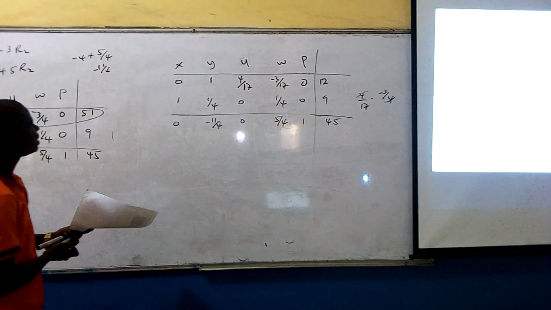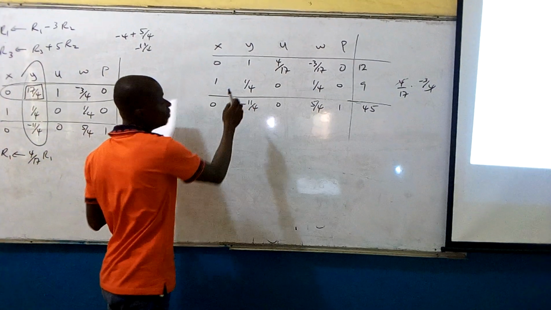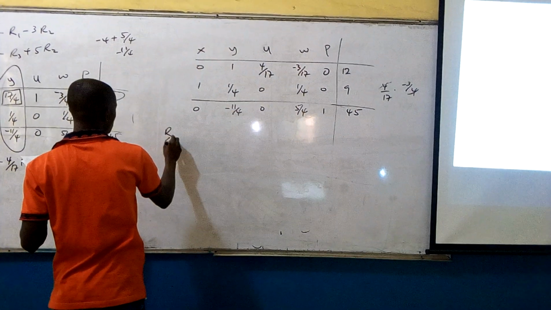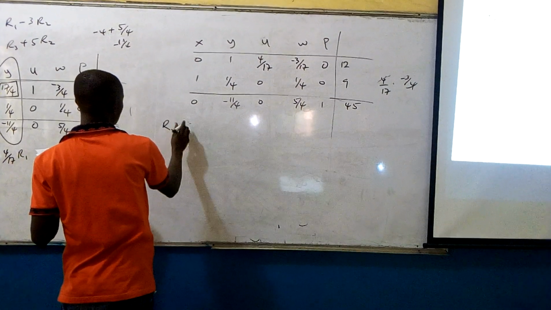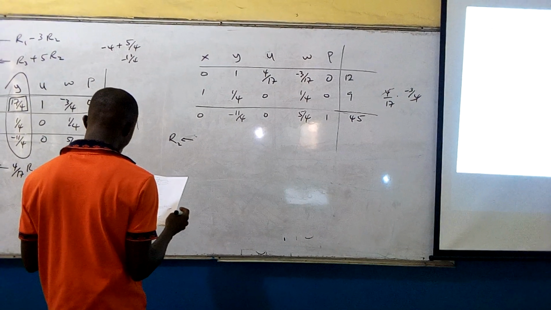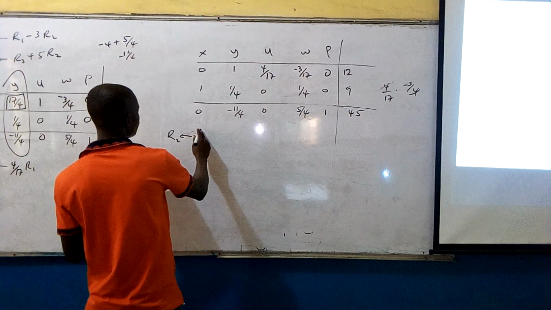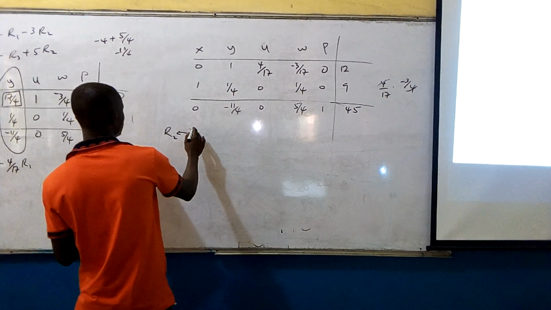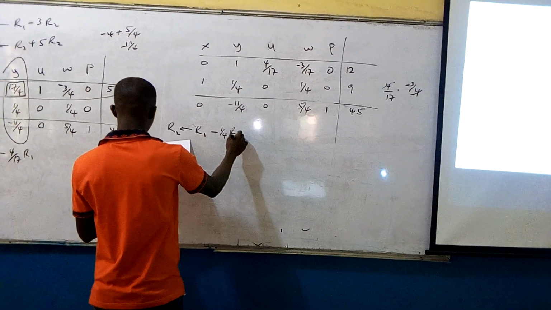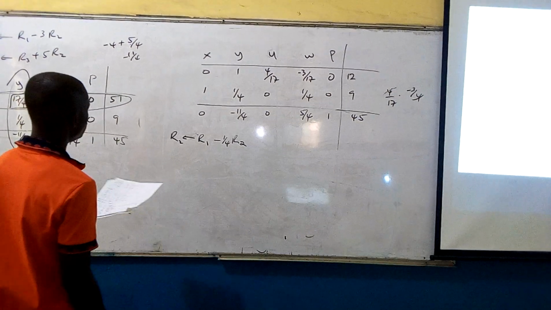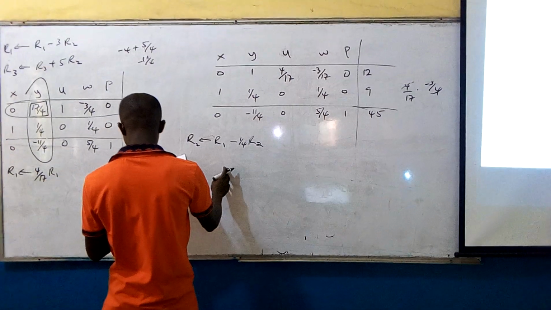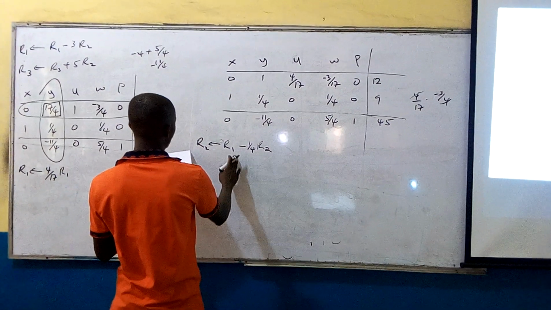What we know is that these two should go to 0. So why can we make this 0? Row 2 should be replaced by R2 minus 1 over 4 R1.